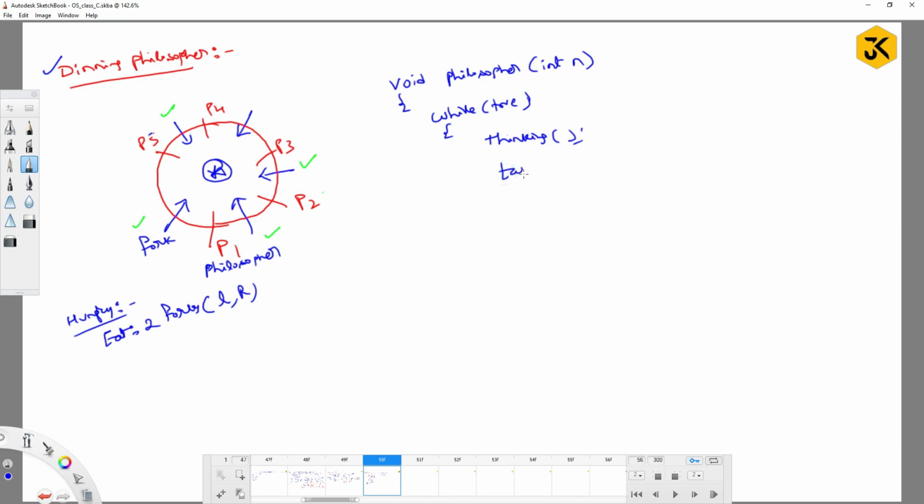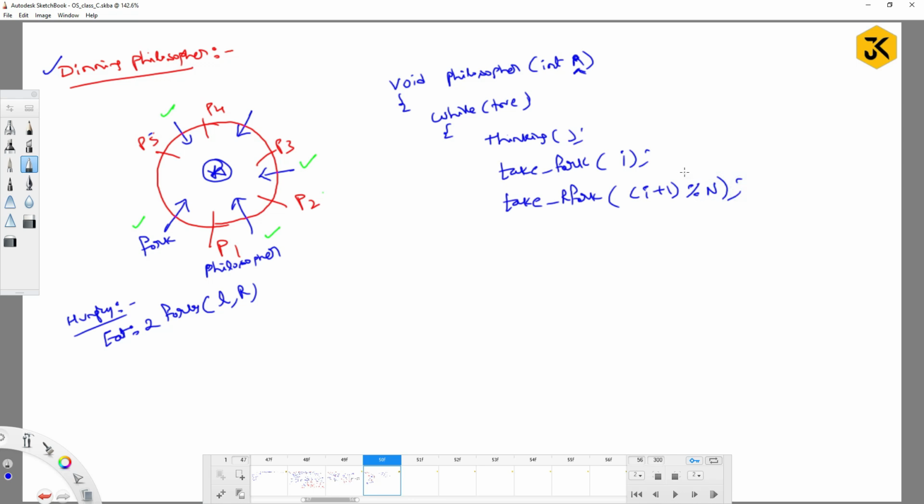So they can take the left side fork, something like I, right? Assume that this is related to philosopher I. Philosopher I has to take the left fork I, and they have to take the right fork. How will they take the right fork? By taking I plus 1 mod n.